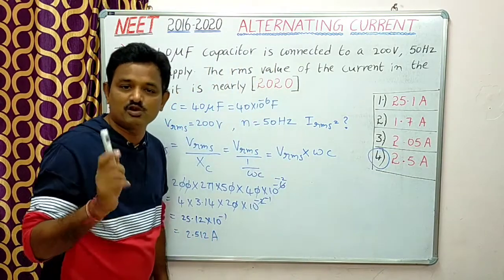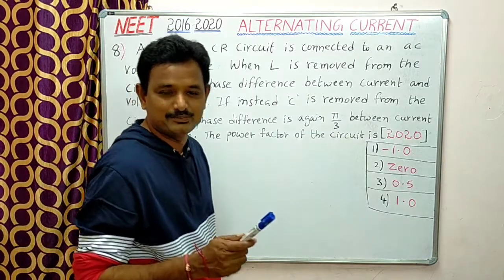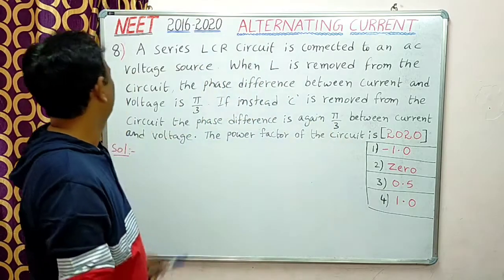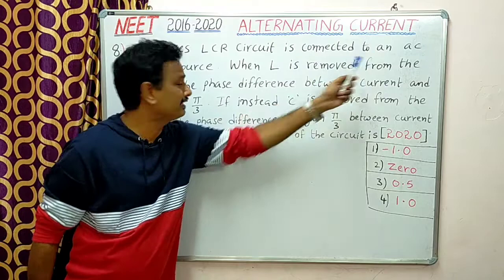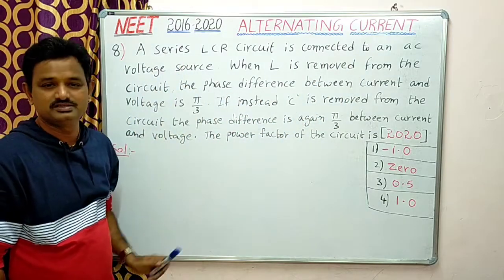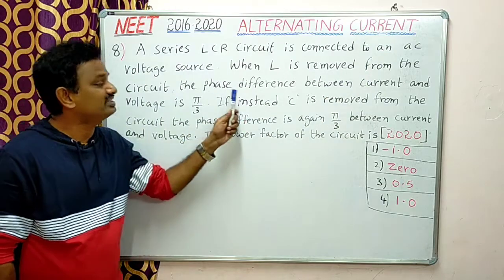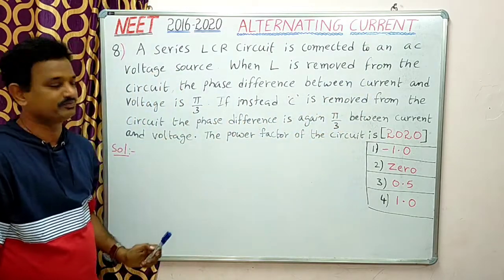Next we will go for the second problem in 2020. Now the second MCQ in 2020. Look here. A series LCR circuit is connected to an AC voltage source. When L is removed from the circuit, the phase difference between current and voltage is pi by 3.